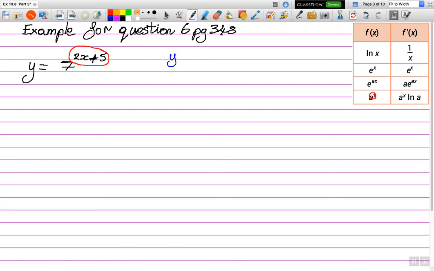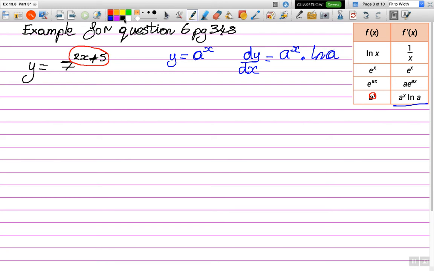We know that y is equal to a to the x is in the formulae and tables book, and we know from the formulae and tables book that dy dx will now equal a to the x times log a.